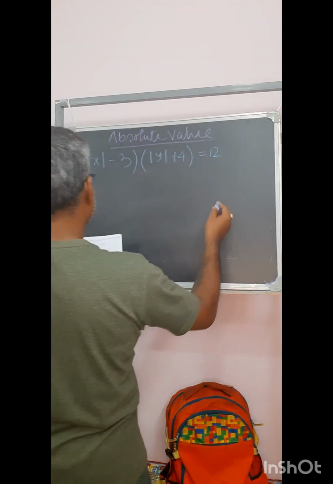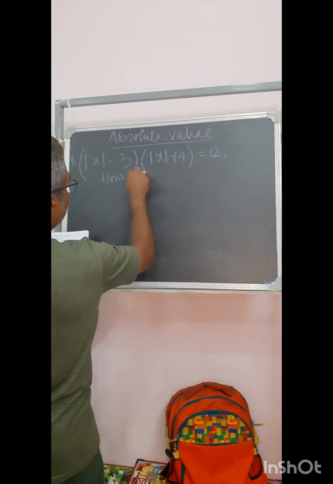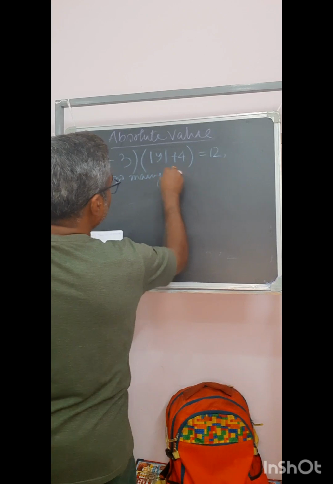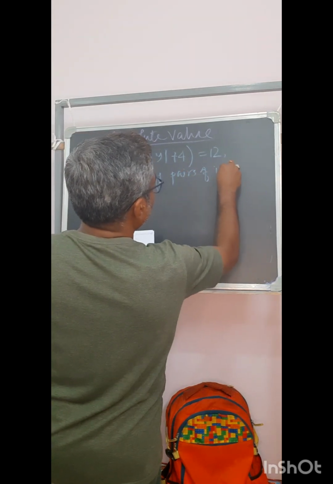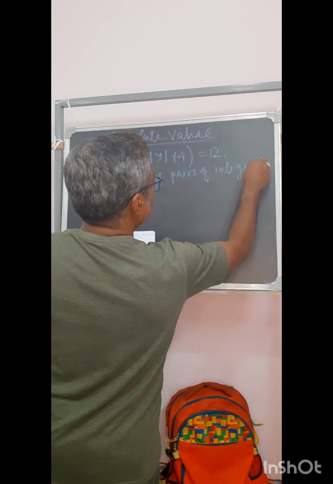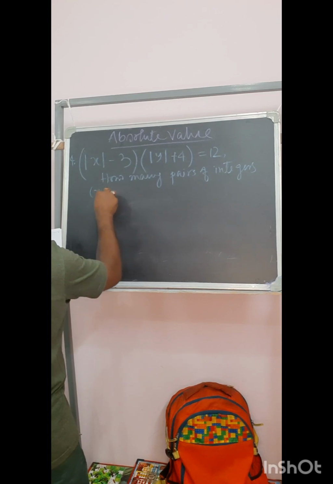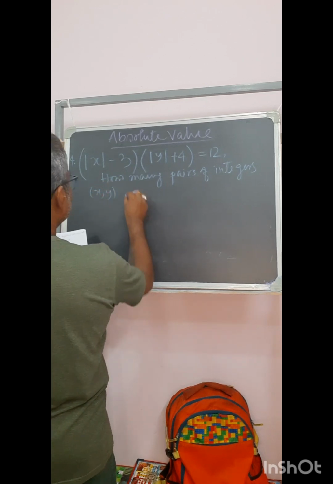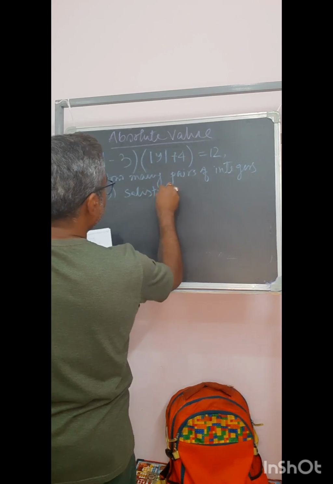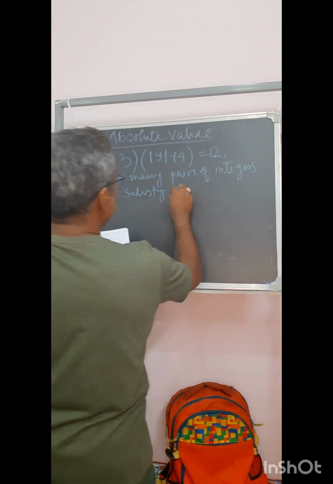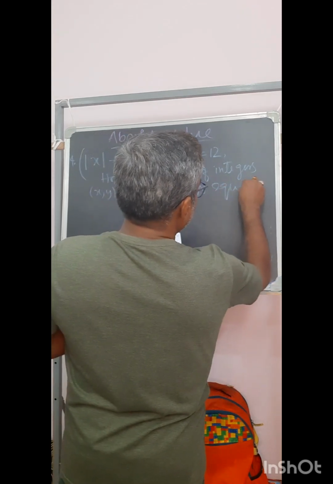So how many pairs of integers x and y satisfy this equation?